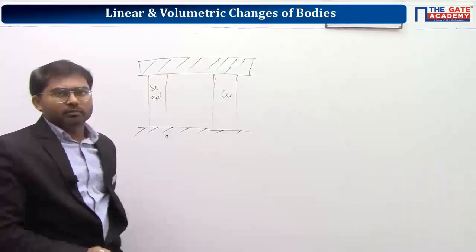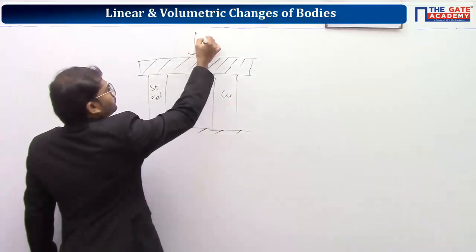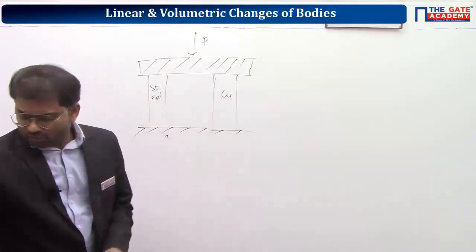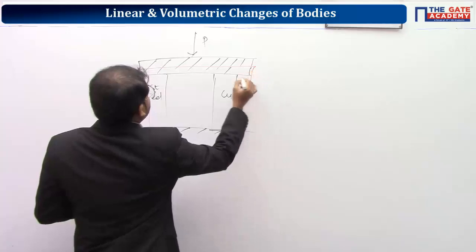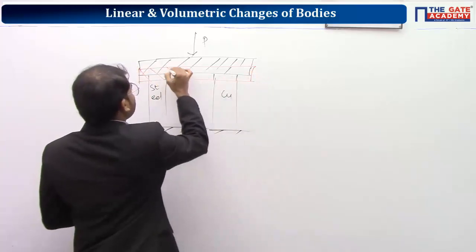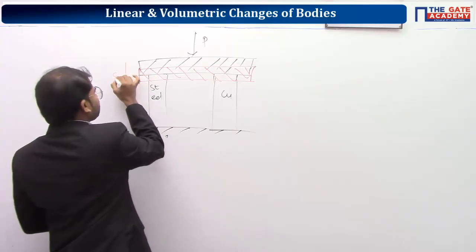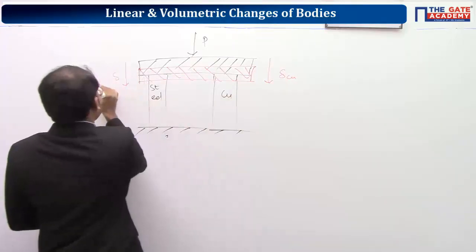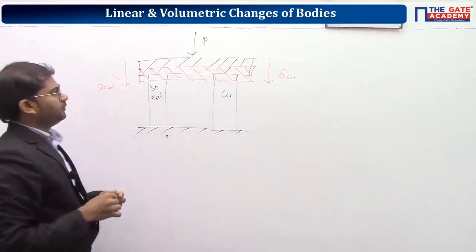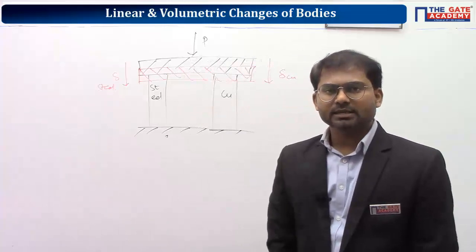So two different materials are there. Let's assume a load is applied in such a fashion that both are compressed by the same value. That means the steel is compressed by the same value and the copper is also compressed by the same value.